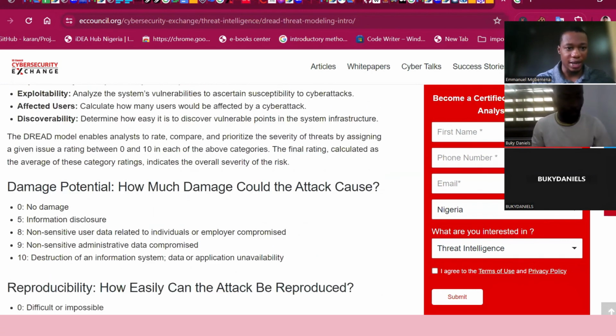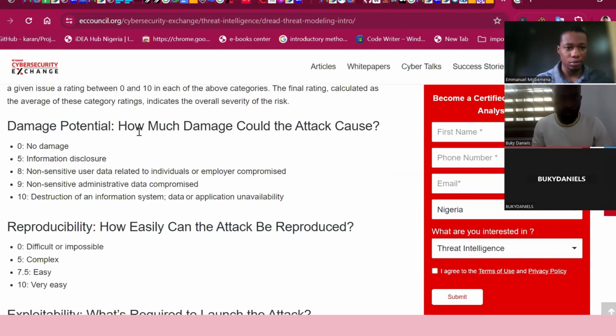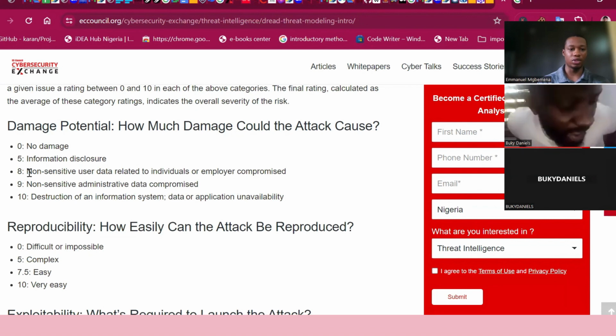Okay, so for the damage potential, we're looking at how much damage the attack could cause. 0 is no damage. Obviously, it can't be 0 because it's going to cause damage. Information disclosure severity should be high.